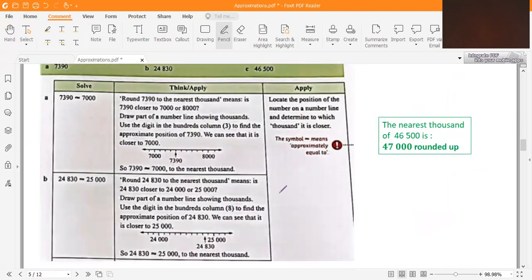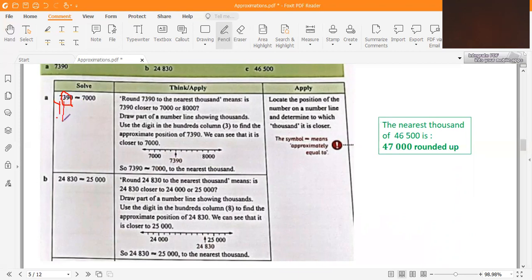We can also figure out what is happening when we round a given number to the nearest thousand. For example, we have 7,390. If we want to round it to the nearest thousand, we locate the digit in the thousand column, which is 7.